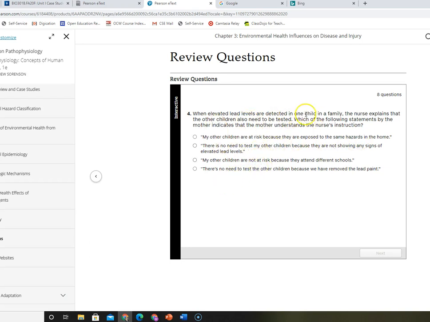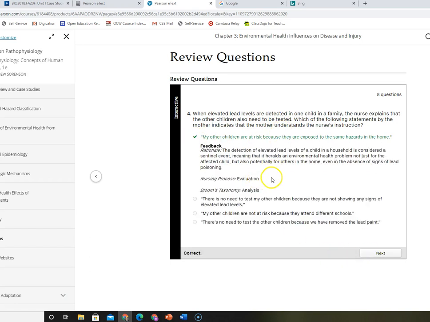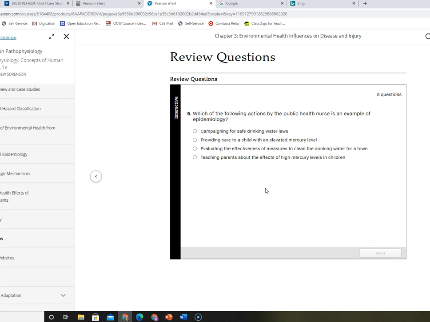It's asking which one shows that she actually understands it. My other children are at risk because they are exposed to the same hazards. Pretty obvious, right? All right, number 5, epidemiology. What is an example of epidemiology here?